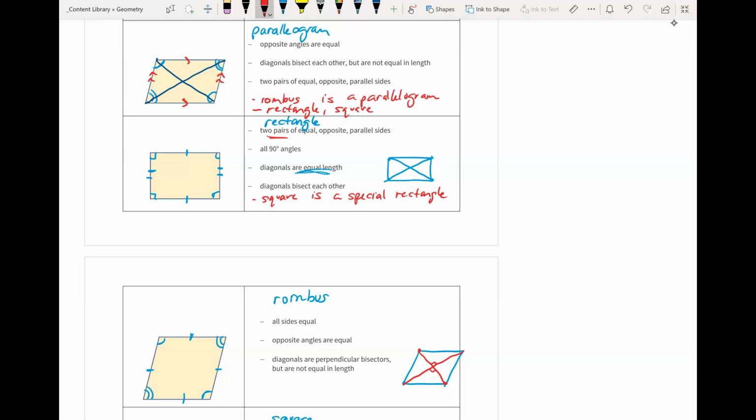Nowhere does it say that a parallelogram can't have a 90-degree angle. It certainly can. A parallelogram just needs to have parallel sides and two pairs of them. So a rectangle certainly has that, and so does a square. So these are also parallelograms.